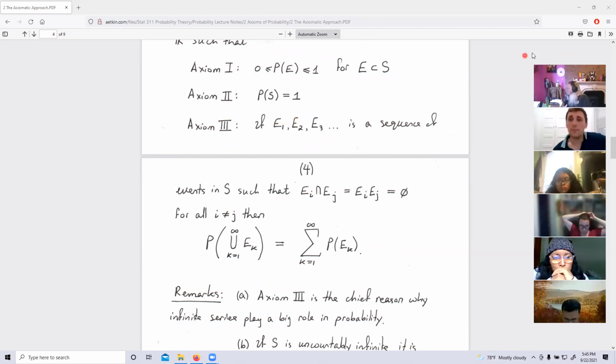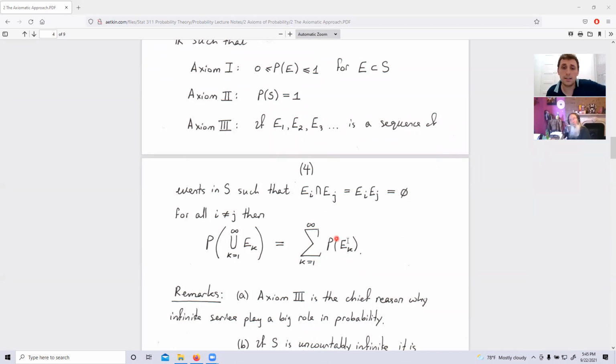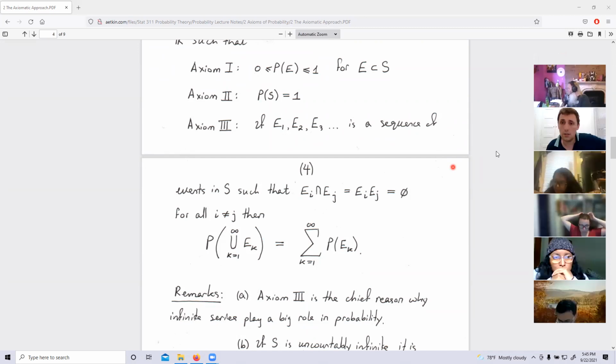Then the probability of the union of those events is the infinite series, the summation of the probability of each of the events individually. You understand? It's also somewhat natural, but the axiom is stating that specifically for infinitely many events.